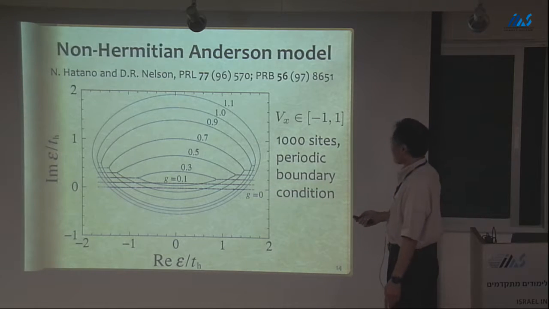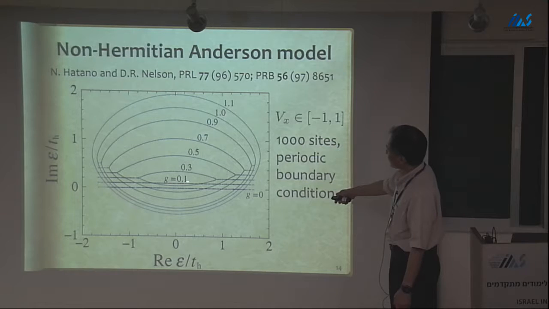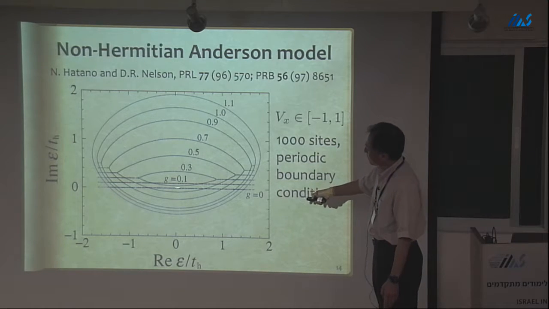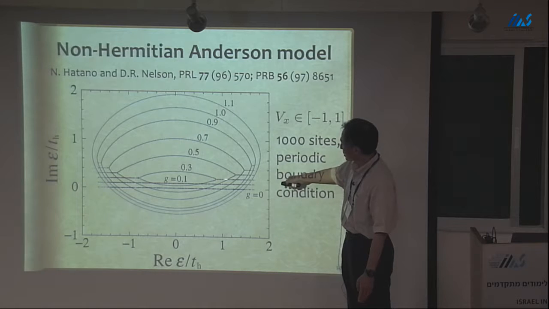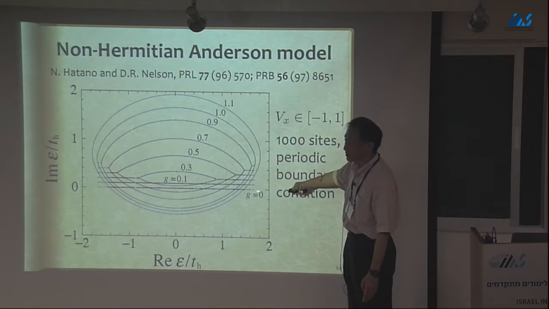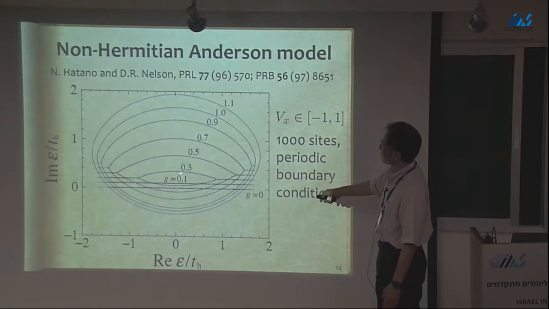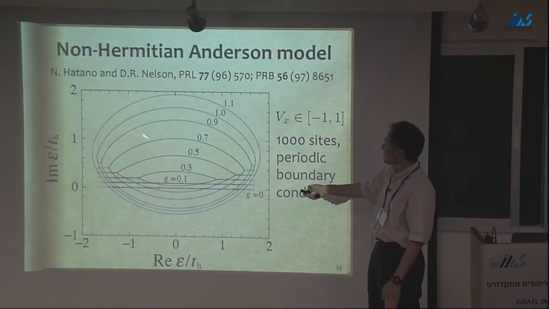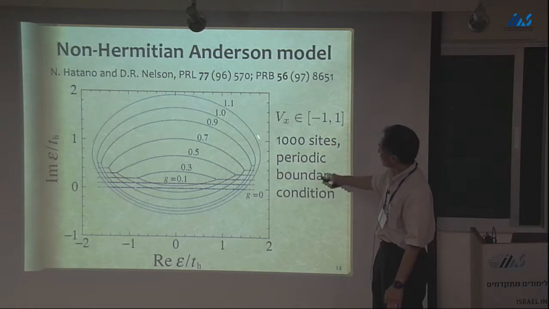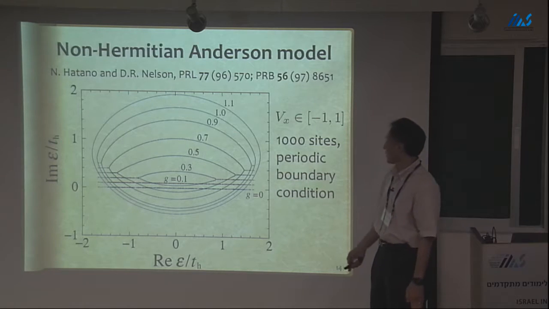But then when I further increase g to 0.3, finally I have complex eigenvalues, but only in the middle. And actually this part is again almost identical to here. And if I increase g further and further, the range of the complex eigenvalues expands, and finally here I almost see an ellipse.